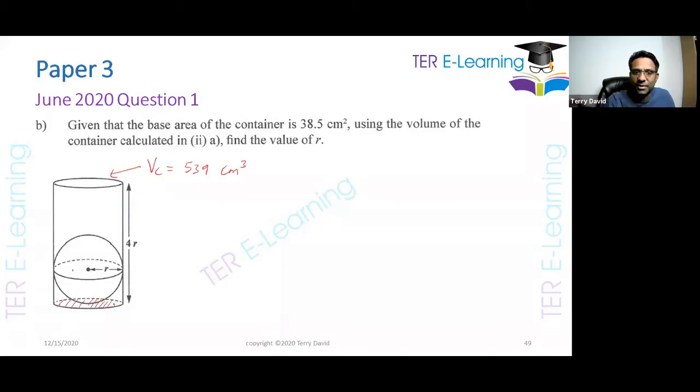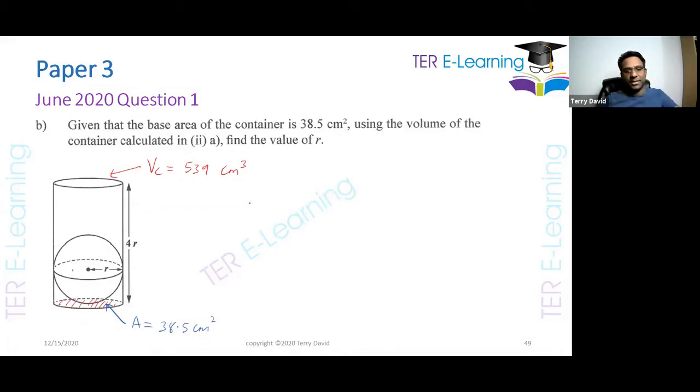Remember yesterday when I took the paper and made the cylinder, there's a circular piece at the bottom. So that circular part's area is 38.5 cm squared. That's area. Now they said using this information, we want to calculate the value of R.